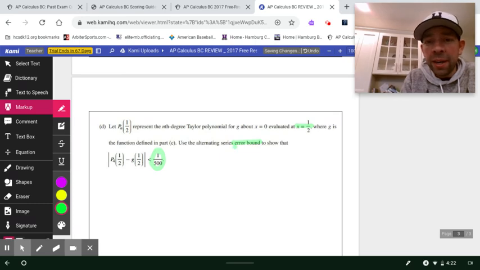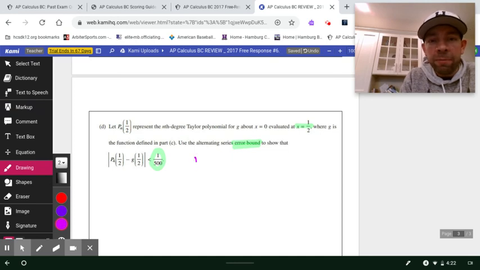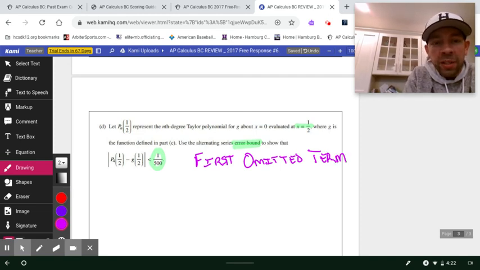Now, when it comes to the error bound of an alternating series, it's all about the first omitted term, or sometimes we say the first neglected term. In this case, the first neglected term, you see right here, I'm going to put a little arrow. See how you're using a 4th degree polynomial? The first omitted term is going to be the term that has the x to the 5th in it.